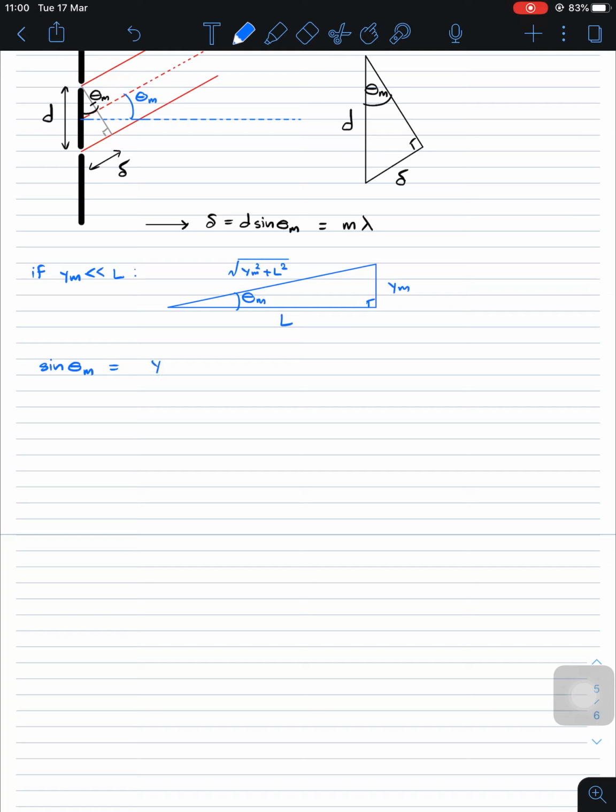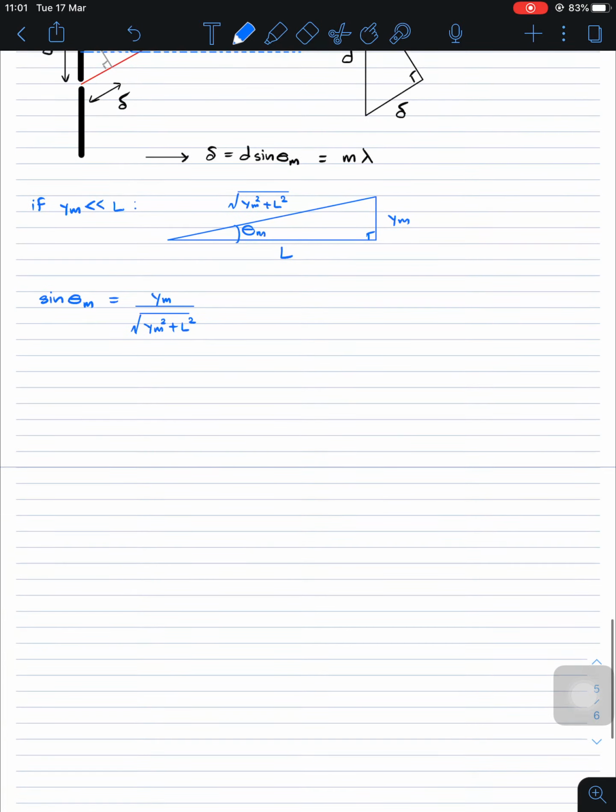So the opposite is y_m and the hypotenuse is the square root of y_m squared plus L squared. So sine theta m can be equal to y_m over L times 1 over the square root of 1 plus (y_m over L) squared. In this case, I just bring the L out of the square root, so that's why we get y_m over L squared here.